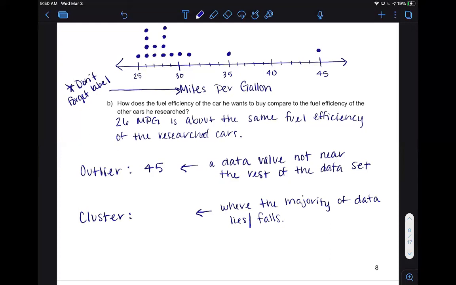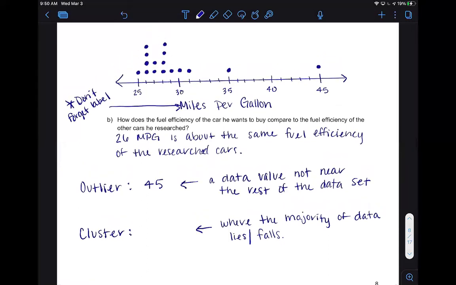You would name multiple numbers. Not necessarily multiple numbers. Like we have a cluster over here on the far left. So this is a cluster of data. It's all in one general spot. 25 to 31.